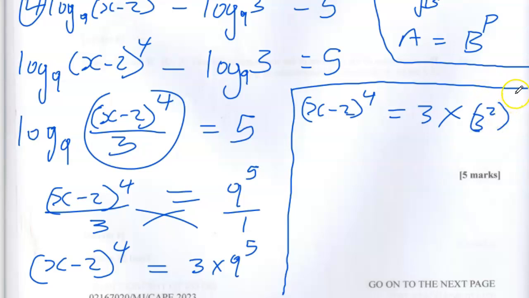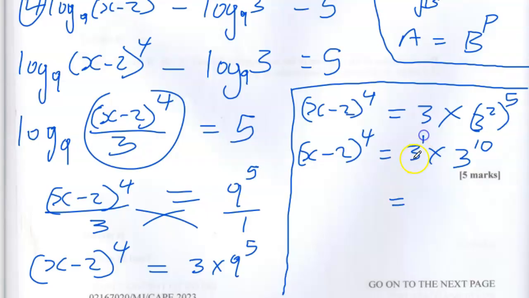Let's look at everything base 3. Since 9 is 3 squared, I rewrite 9 as 3 squared. So I end up with (x − 2)^4 equal to 3 times 3 to the power of 10, 5 times 2 is 10. And 3 times 3^10 is 3^11.